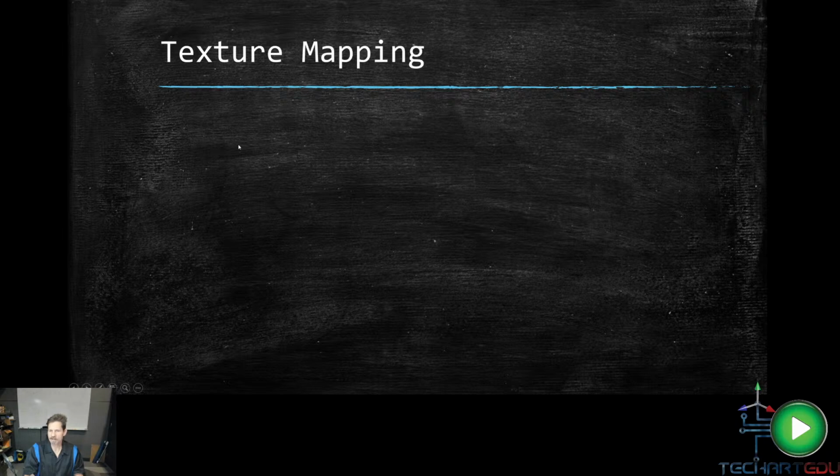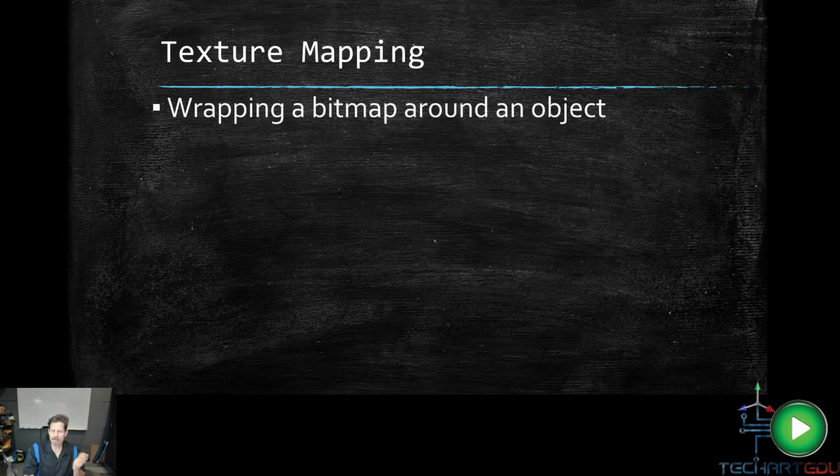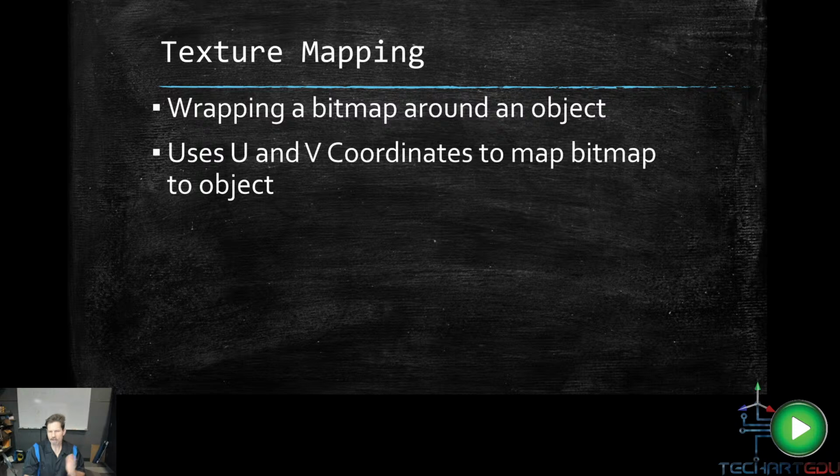Okay, so let's talk about texture mapping. Now, texture mapping is probably the most powerful component inside of the material, because texture maps allow you to use whole bunches of colors and stack them up against each other. And now, what is texture mapping? Texture mapping is wrapping a bitmap around an object, and it uses the UV coordinates of the object in order to index where the bitmap maps onto the object.